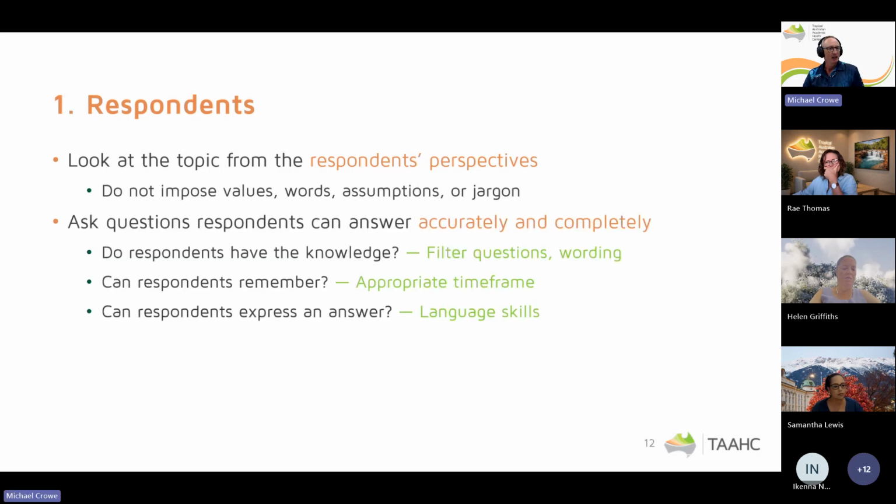And secondly, you have to ask questions that your respondents, whoever they are, can answer accurately and completely. Okay, and I'll have examples later where you won't be able to do that, but that's what you have to do.